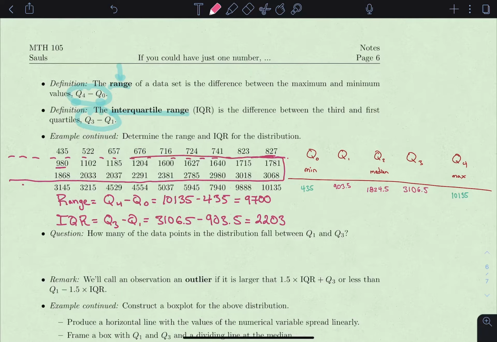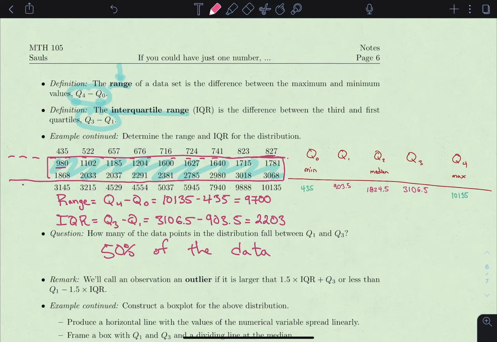So it's all these numbers here in blue that are between the two values Q1 and Q3. And notice that's 50% of the data. So rather than counting them up, what we're really wanting to think about when we talk about the 5-number summaries is portions of the data. And we divide it into chunks that are 25, 50%. And between Q1 and Q3, it's always going to be 50% of the data.